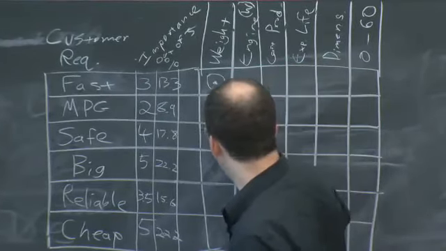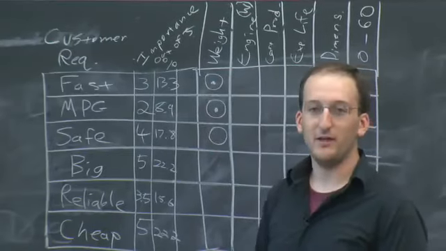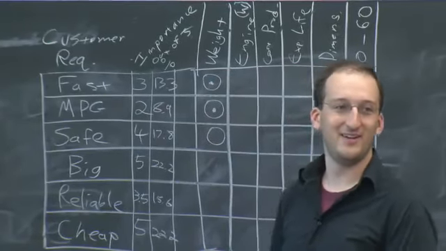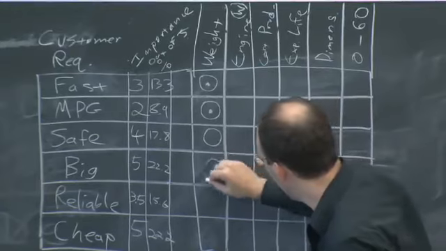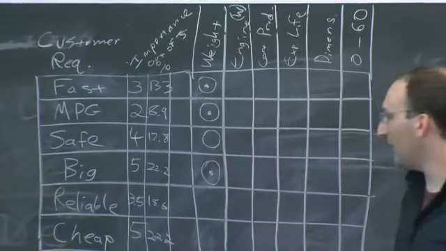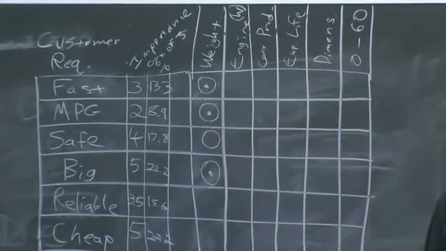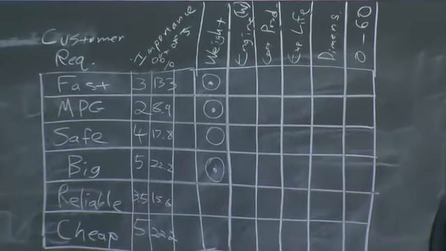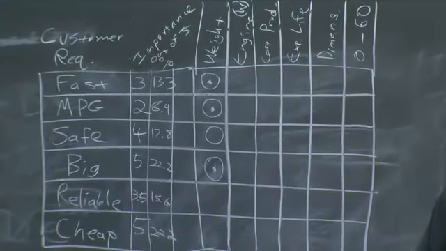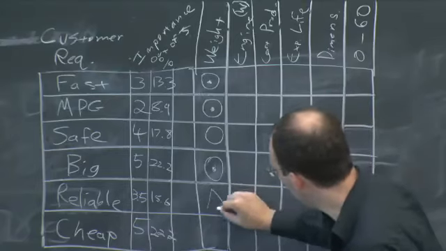Okay. How about the weight and big? Strong. How about weight and reliability? Weak. I've heard everything from medium to weak to none. So you guys got to reach a consensus on this. Still a little weak. Let's do a weak. All right. Meet in the middle.